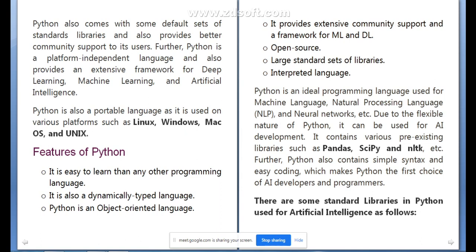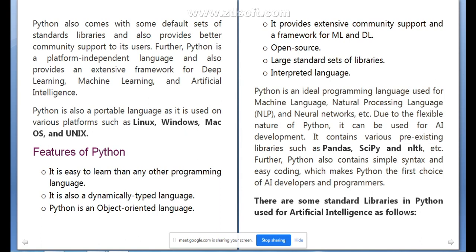So ये language flexible है, it is very easy to understand, it is very easy to implement, it contains various pre-existing libraries such as pandas, SciPy and NLTK. Further, Python also contains simple syntax and easy coding, which make Python the first choice of artificial intelligence developers and programmers.